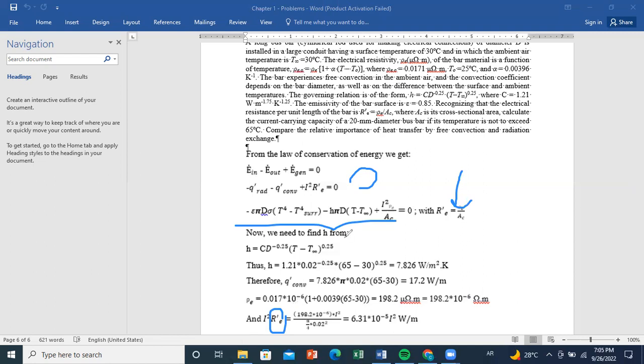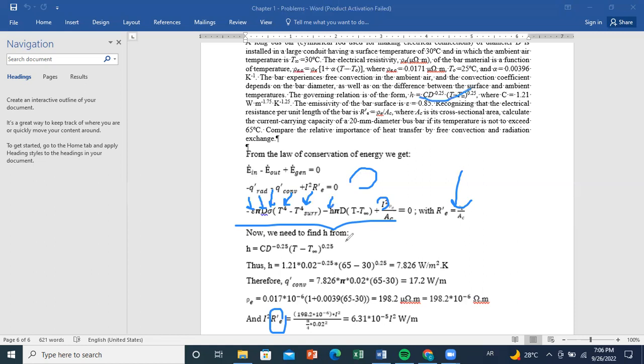Okay, because the only unknown in this equation is I, since they provided us with all information: we have the emissivity, we have the diameter of the rod, this is the Boltzmann constant, we have the temperature of the rod, which is 65, and we have the temperature of the surrounding. We have also the convective coefficient from the empirical formula here.